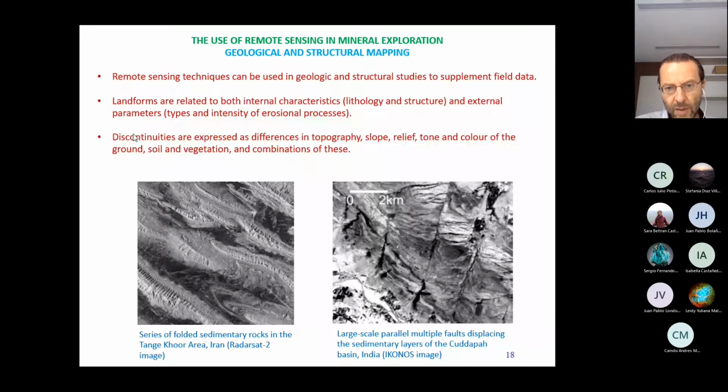All right. So now you saw the use of the technology for finding and mapping alteration.